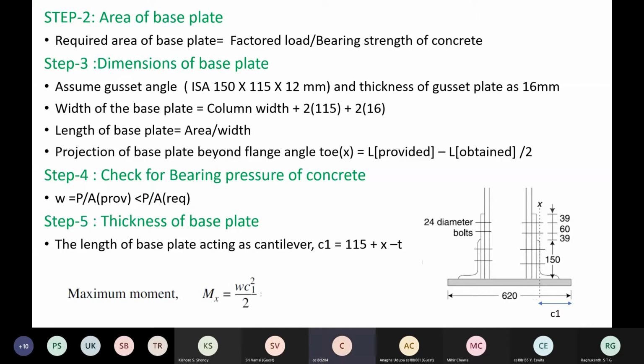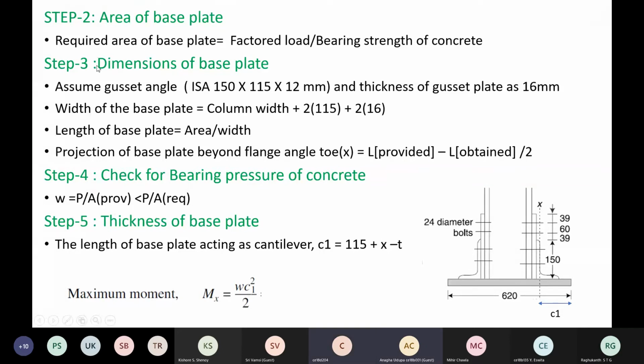What is the bearing pressure of concrete you obtained? 6.687.